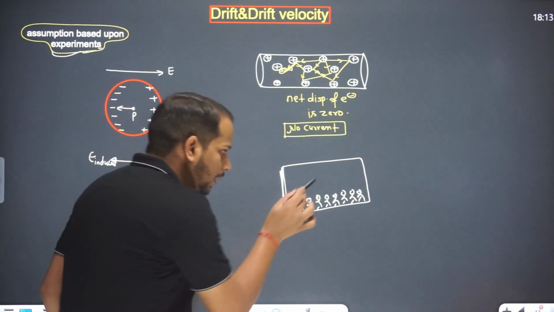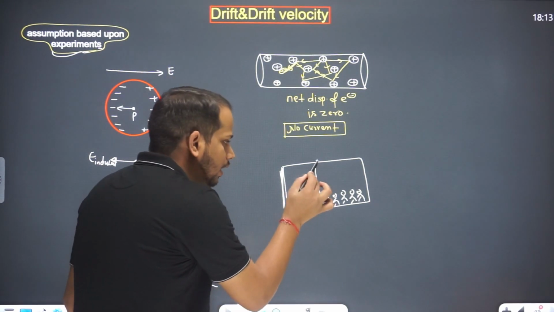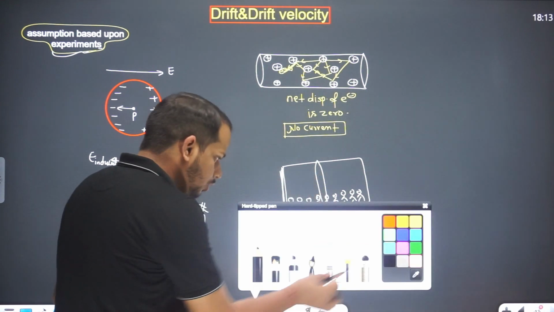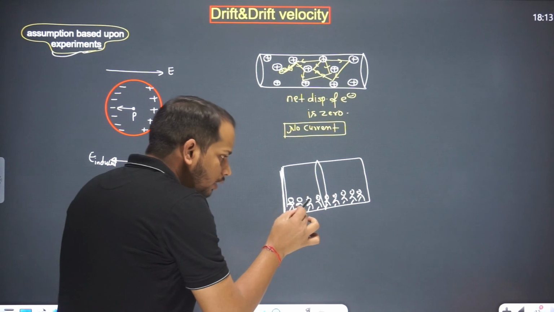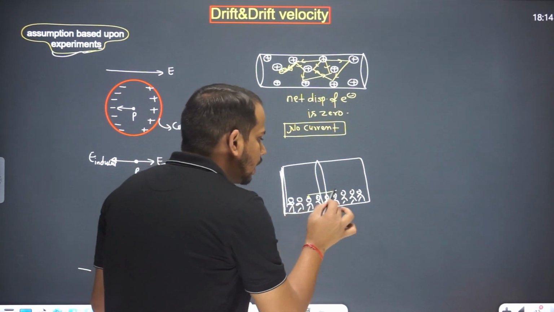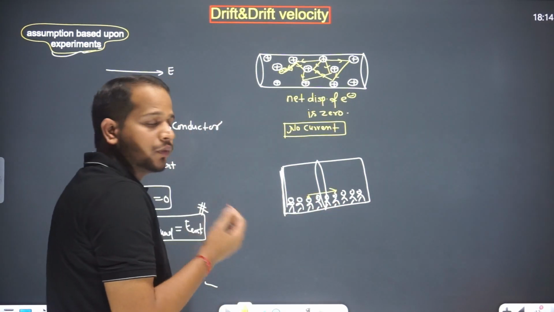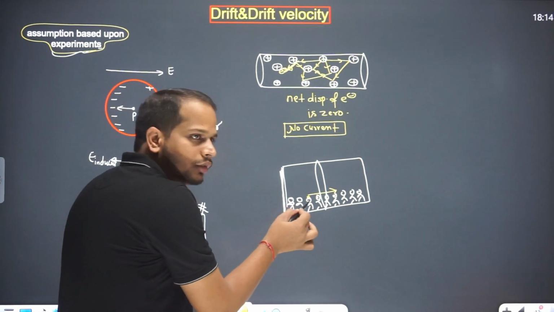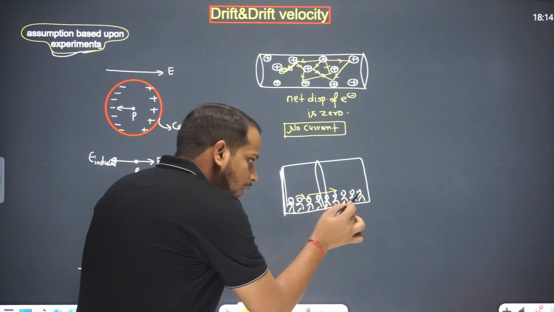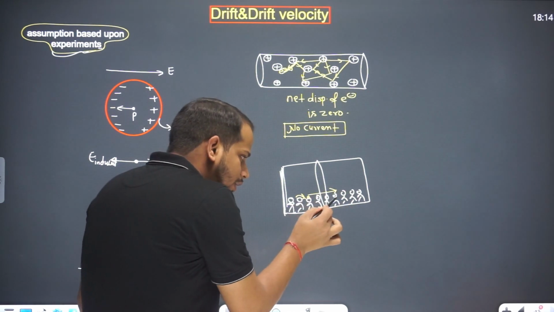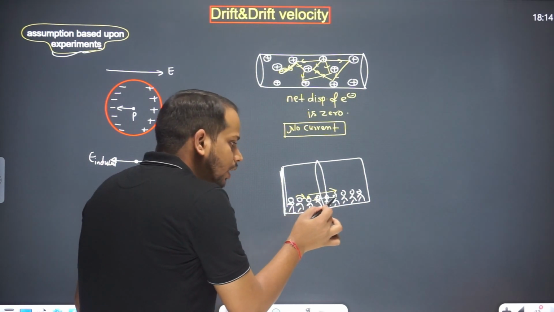If this is the cross-sectional area, then what will happen? Let's assume this man crosses this area from this side, right? Then another will be here, and when it is moving over here, can we say another is crossing over here, right?